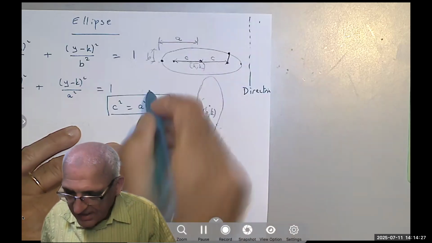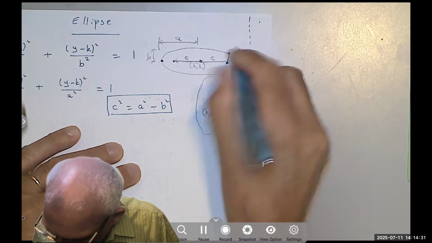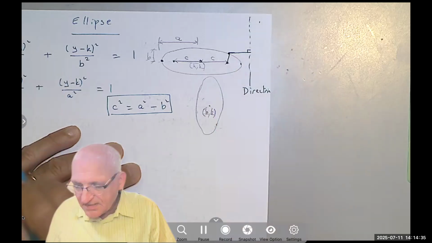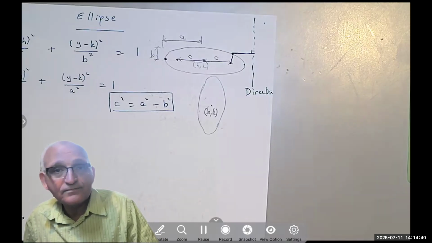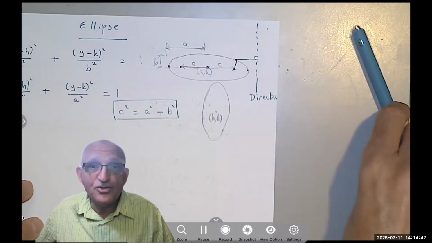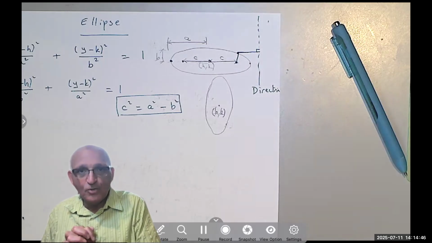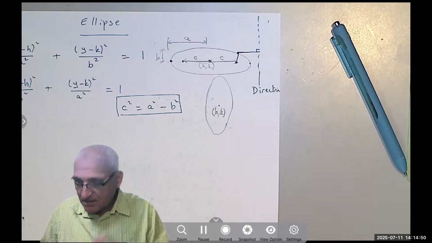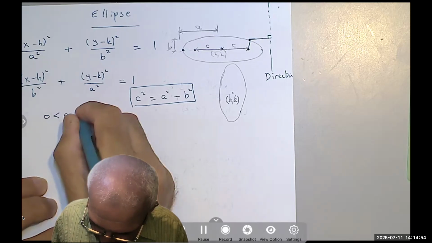There is another one on the left. So if you divide this distance by that distance, which is measured along a line perpendicular to the directrix, this ratio is the eccentricity. And that value for an ellipse is always less than 1. So between 0 and 1. Okay? So the eccentricity for an ellipse is greater than 0 and less than 1.